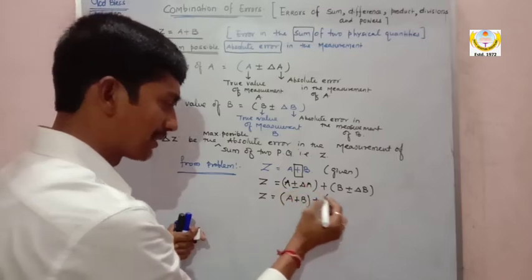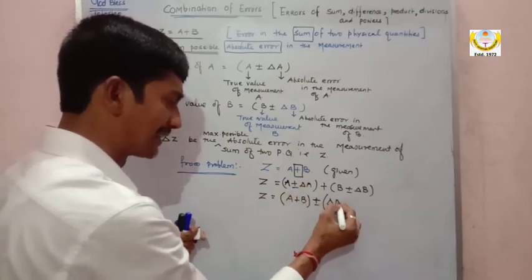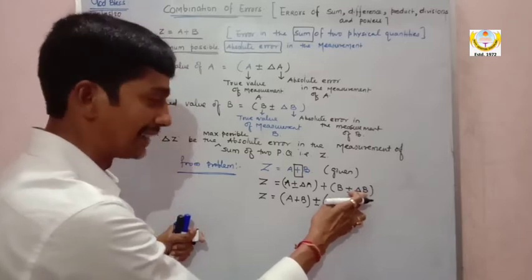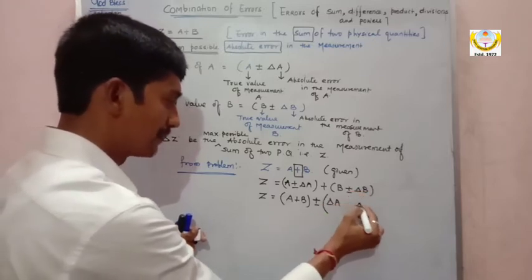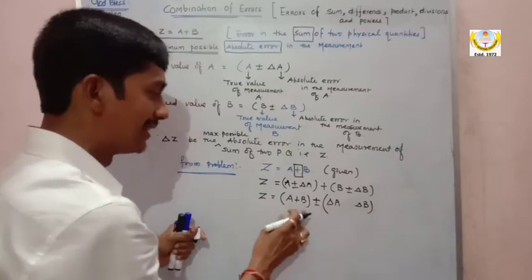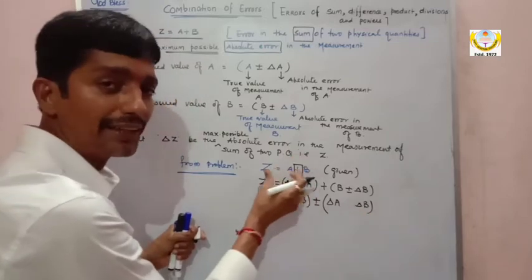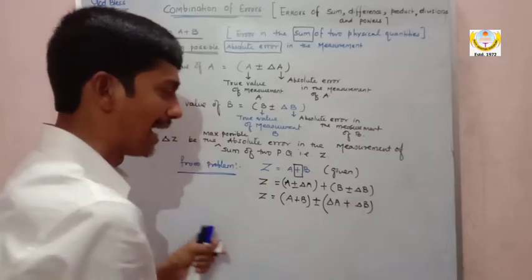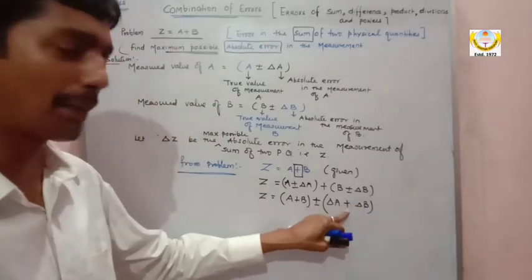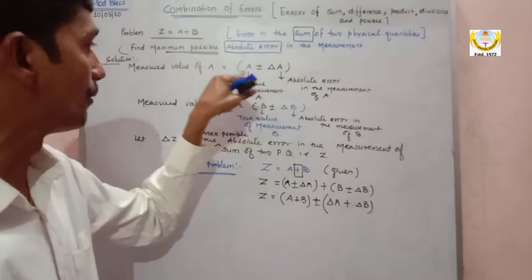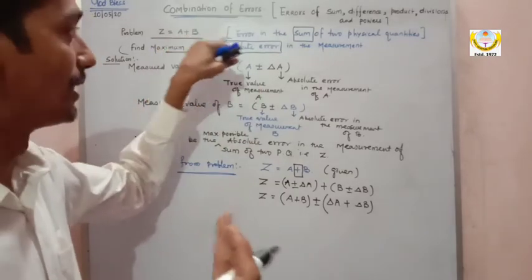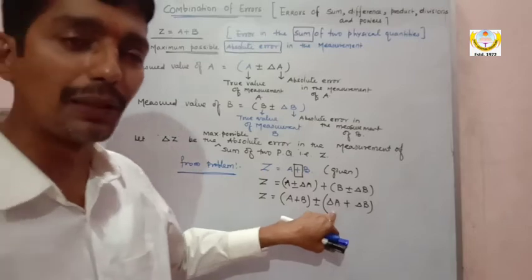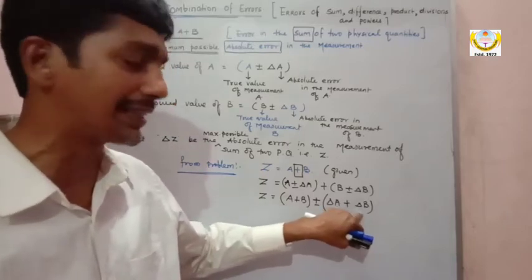Here the absolute error in A is delta A, whereas the absolute error in B is delta B. And since we are adding these two quantities, the absolute errors also get added up. This is plus, that is delta A plus delta B, because we are doing the sum of two physical quantities, so the error will also be added up, that is delta A plus delta B.